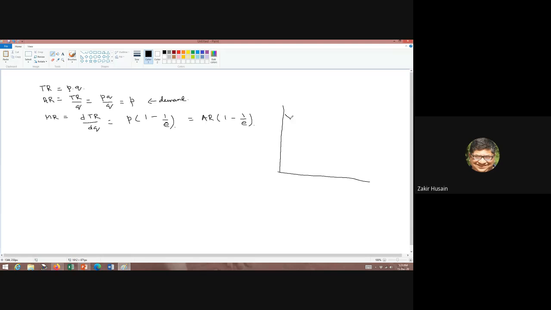Now, suppose we have a linear demand function. Remember, I told you what is so special about the midpoint? Elasticity is equal to 1. Unit elasticity. So at this point, elasticity is equal to 1. What will be marginal revenue over here? It will be 0. So MR is 0.